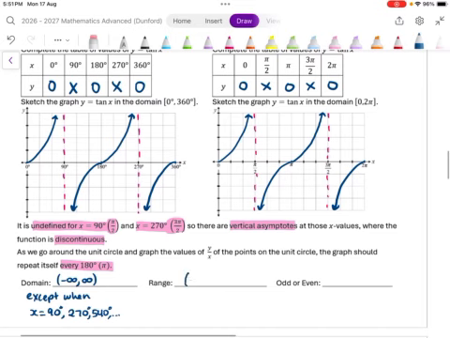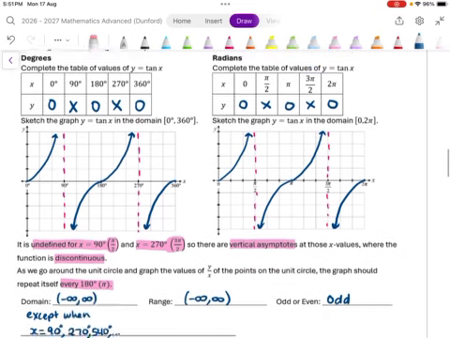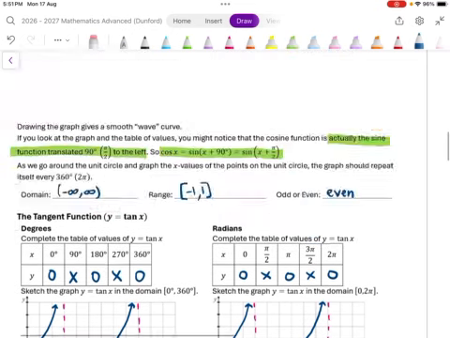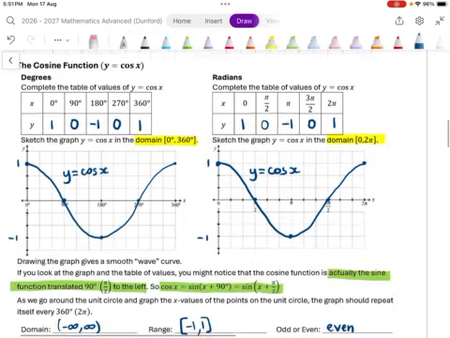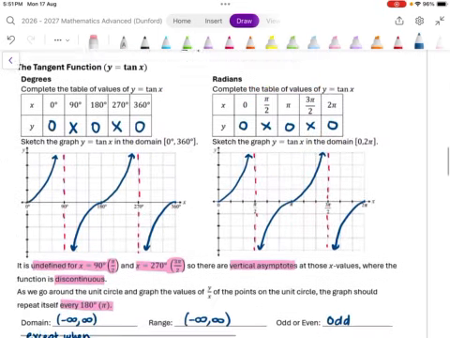Our range is from negative infinity to infinity, and as this is a cubic, it's an odd function for our tan function. Now, they are our three parent curves for our sine function, our cosine function, and our tangent function.